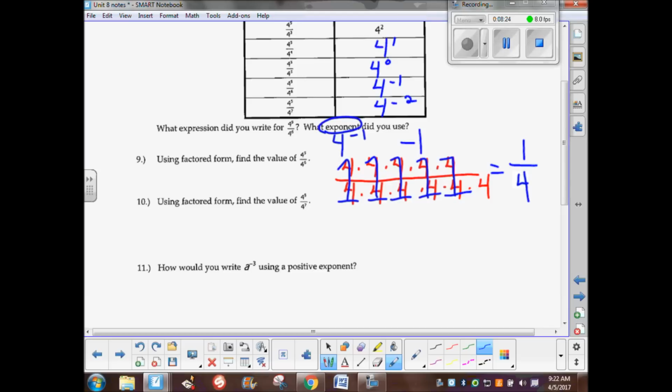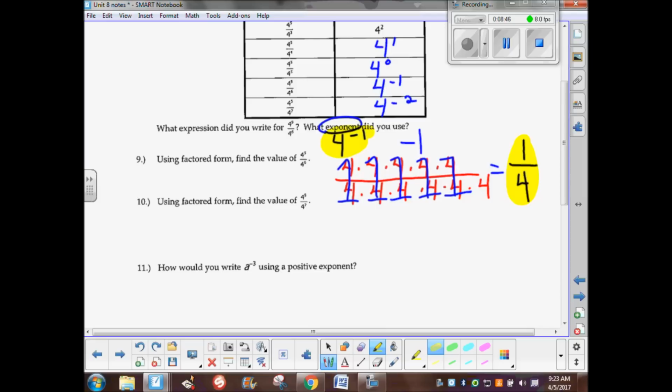So what could we say about 4 to the negative 1? What does it equal? It equals a fraction. And what is the fraction that it equals? We just came up with it. 1/4.